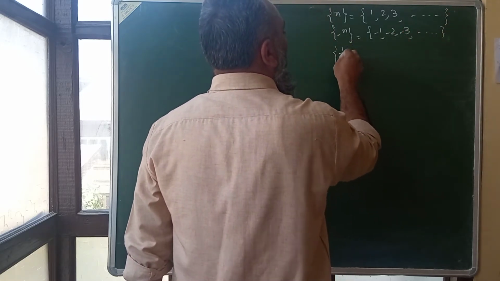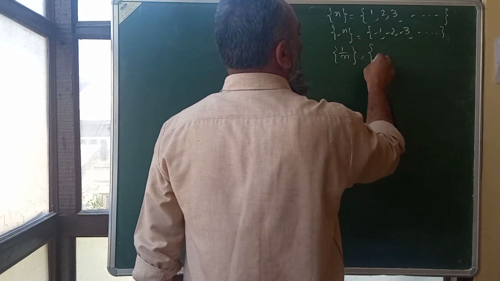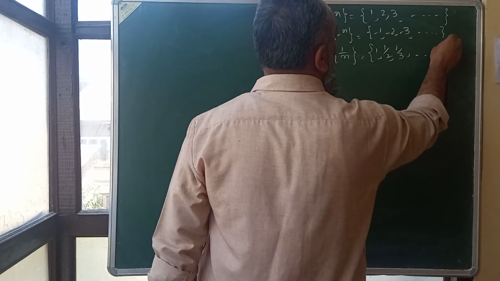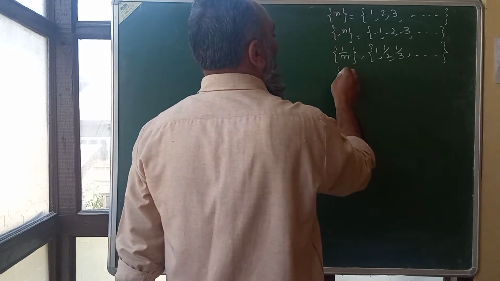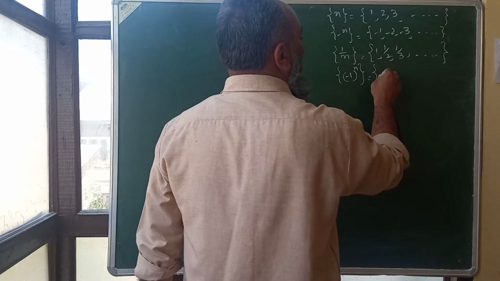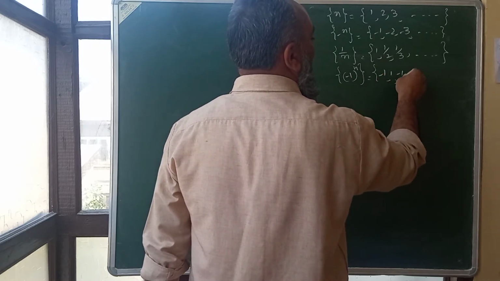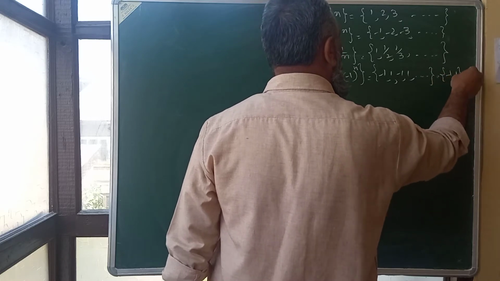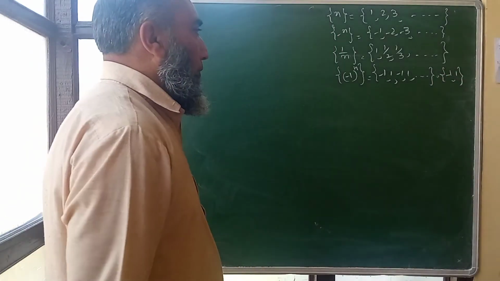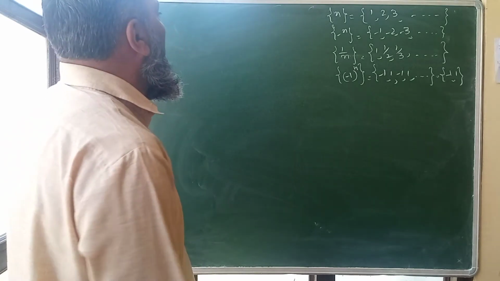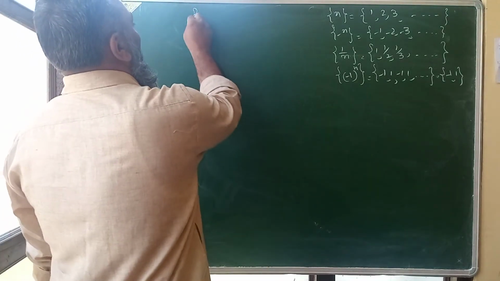For 1 by n, you have 1, 1 by 2, 1 by 3, and so on. For (-1)^n, you have minus 1, plus 1, minus 1, plus 1, and so on. Ultimately, only two elements, minus 1 and plus 1. Similarly, you can have other sequences. Now, what is a bounded sequence?